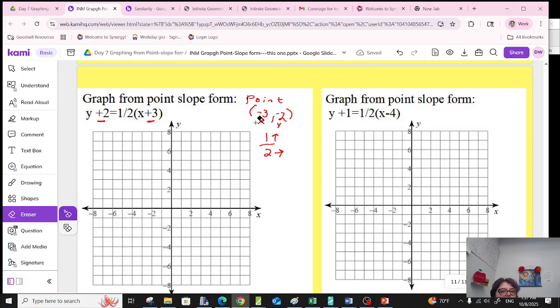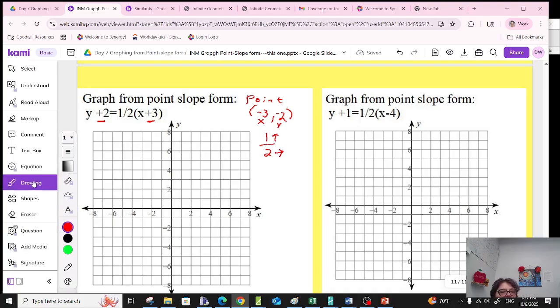Okay, so do you understand how we got the point of -3, -2? Do you understand where we found the slope? The slope is 1/2. Now, slope is also called rise over run.